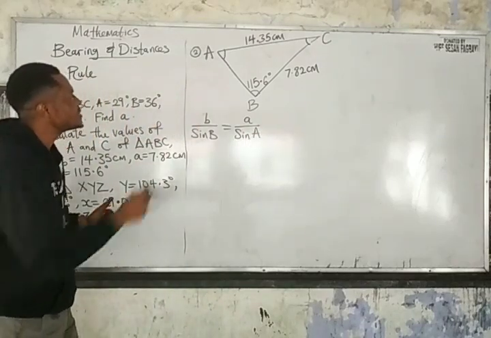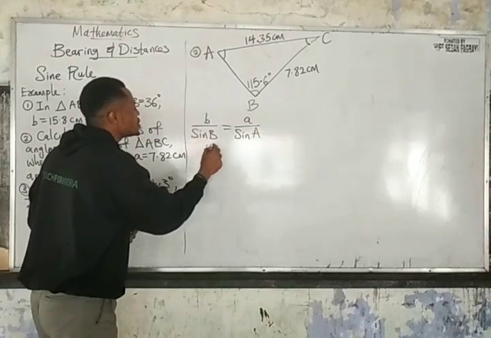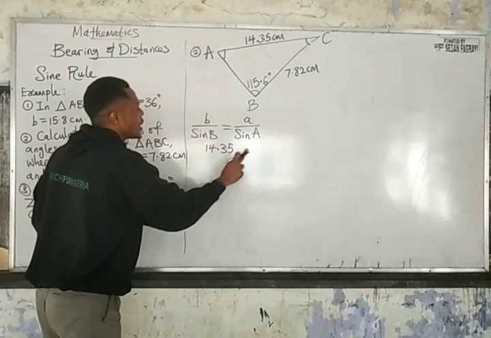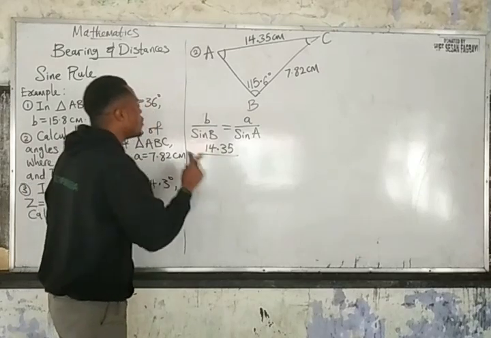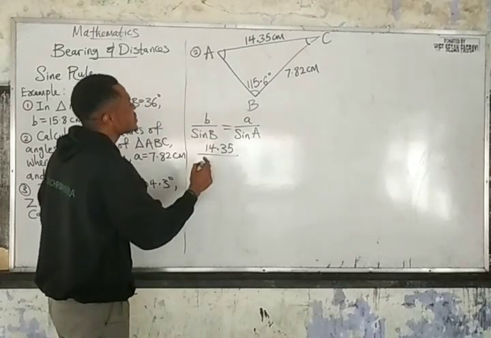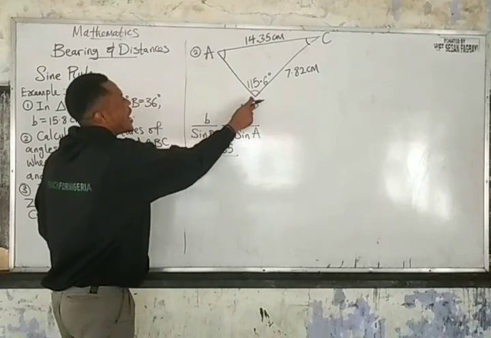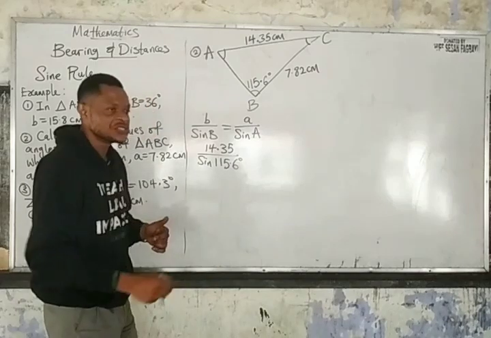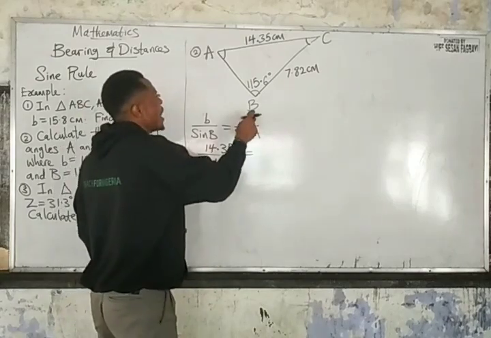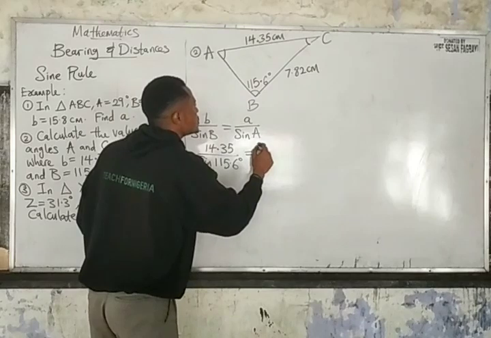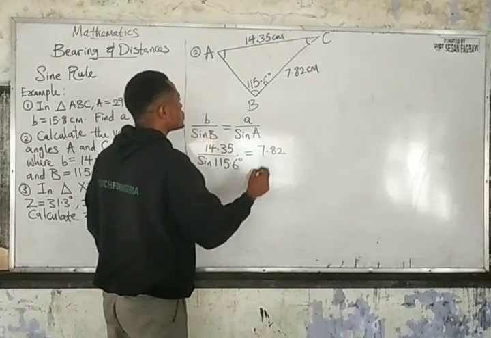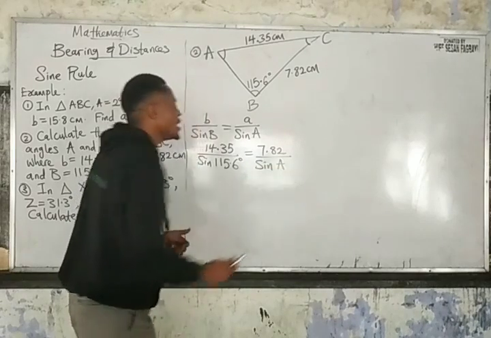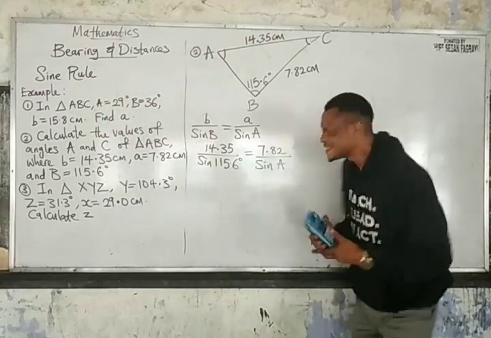Now let's go to the real business. The b is 14.35 centimeters. All over sine angle B, 115.6 degrees. Then we have a. The a is 7.82, everything over sine angle A. This is so important.